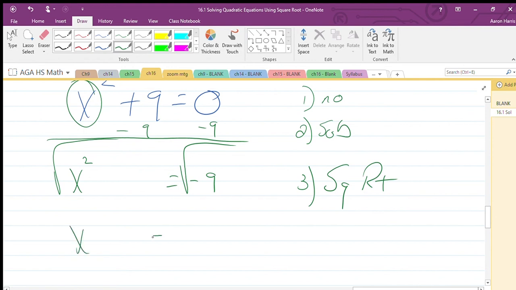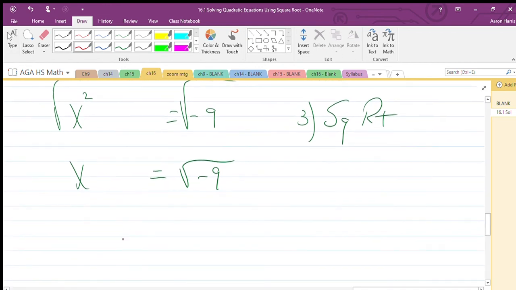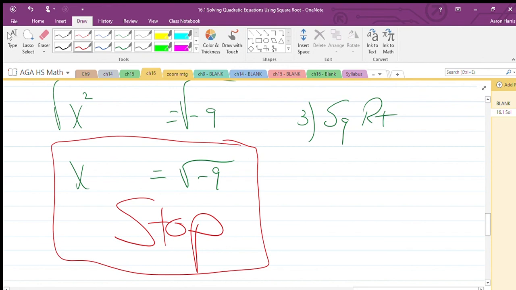X is equal to, and what did I say to do when you came up with the square root of a negative number? That's right. You stop. Whenever you come up to the square root of a negative number, you stop. Can't go any further than that, okay? Until we later teach you about imaginary numbers.